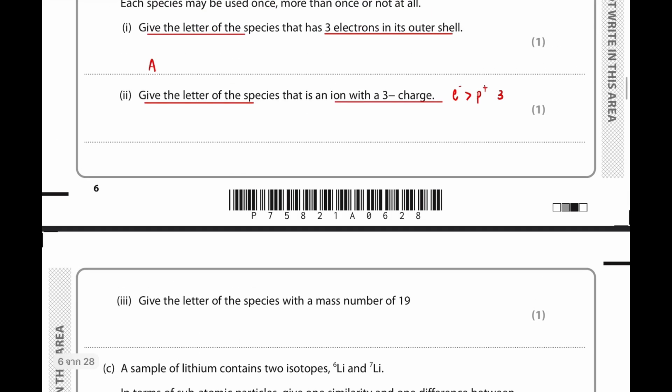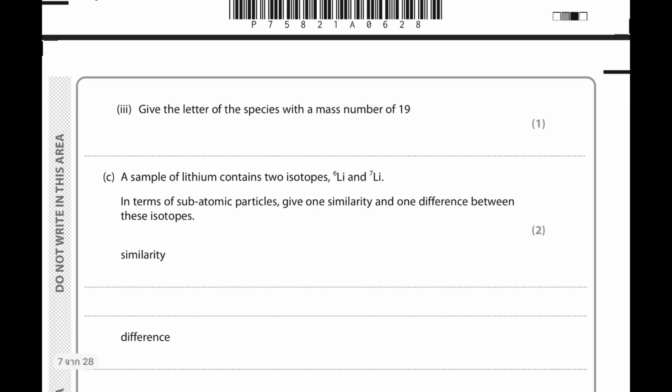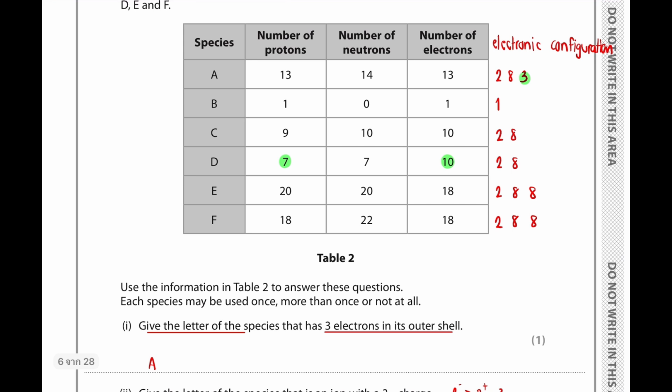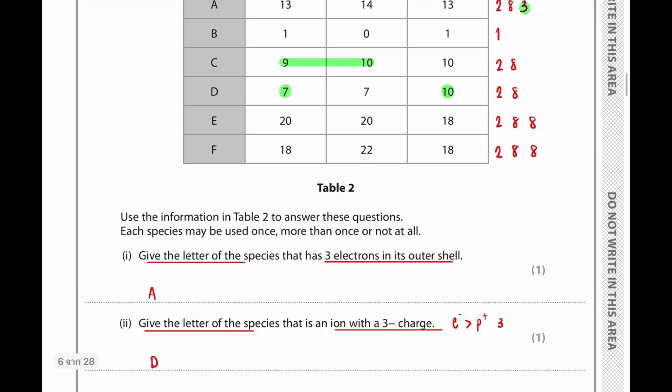So it is species D. Question III. Give the letter of the species with a mass number of 19. Mass number is equal to the number of protons plus neutrons. It will be species C, because if we combine the number of protons and neutrons together, it is equal to 19. So it is C.